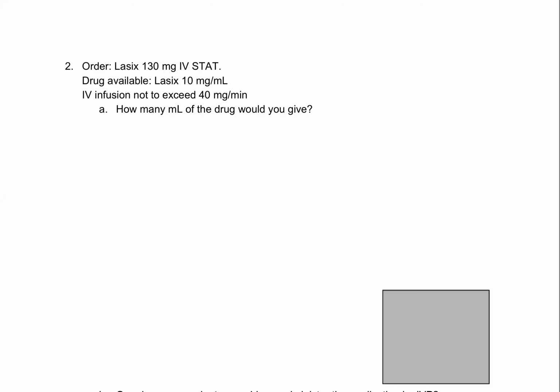So let's go ahead, and our final units that we're looking for are mLs. So the order is 130. What's available is 10 milligrams per ml. Order times available is 130 milligrams.